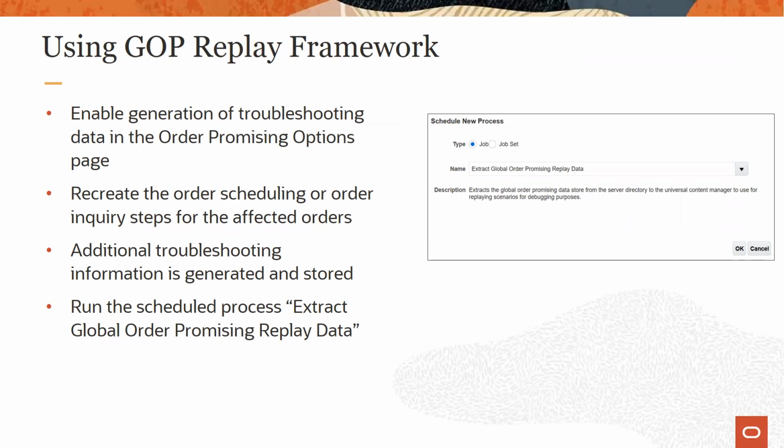The steps that are needed to carry out the troubleshooting flow are that you need to enable the replay framework in the order promising options page, like we saw previously.